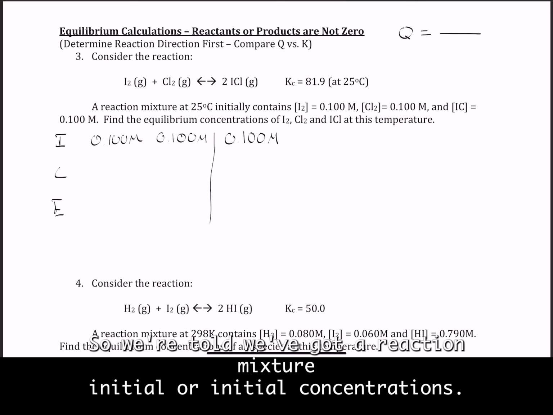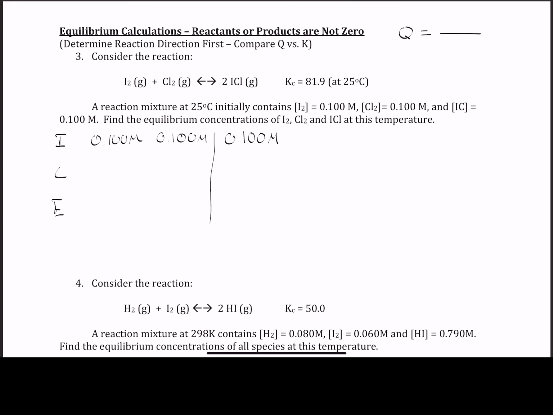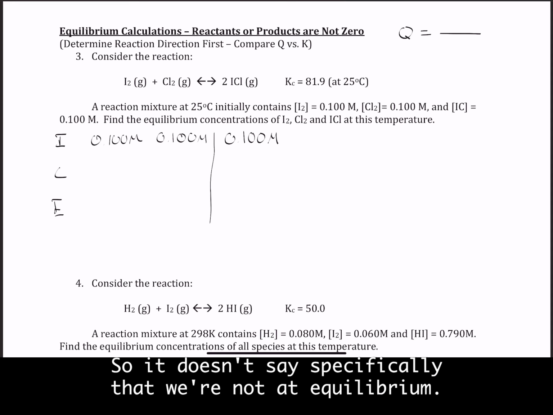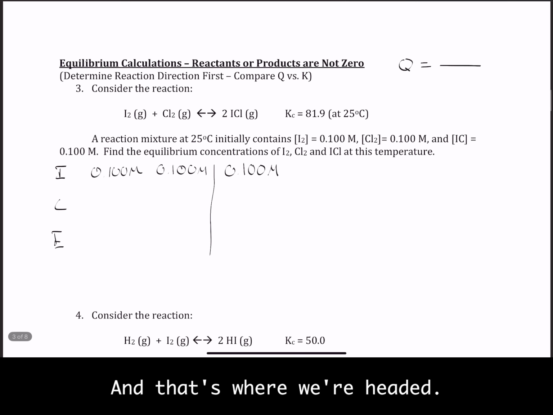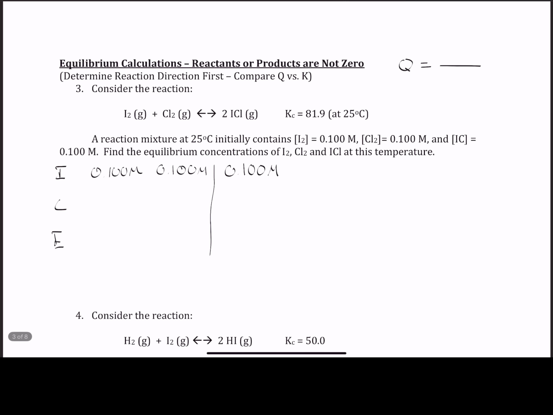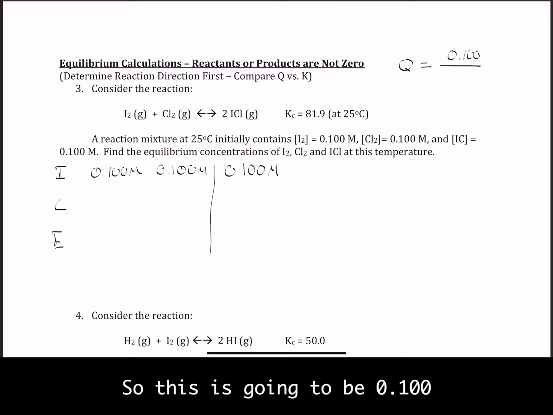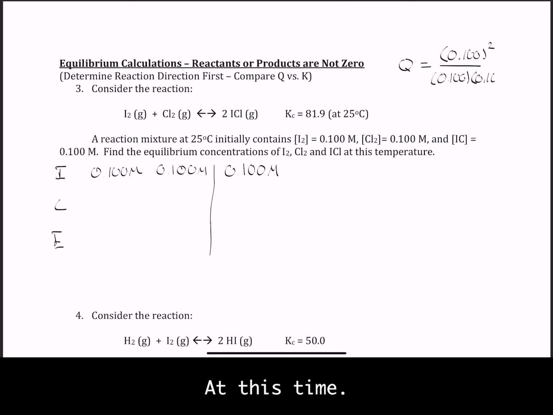So we're told we've got a reaction mixture, initial concentrations, and then it says find equilibrium. It doesn't say specifically that we're not at equilibrium, but it does imply that we're not, and that's where we're headed. But which way is that? So this is going to be 0.100 squared over, I'll write it out this time.